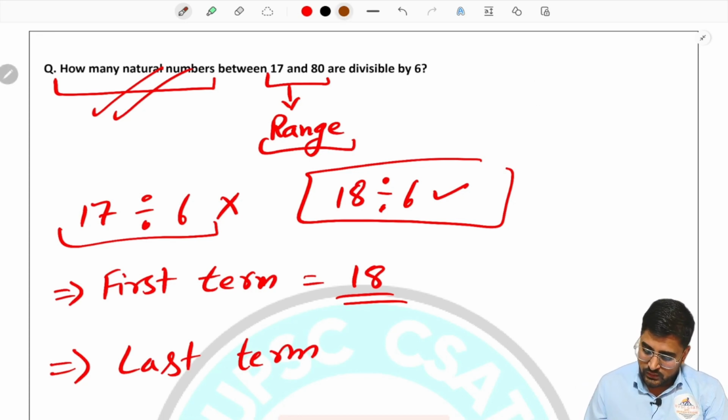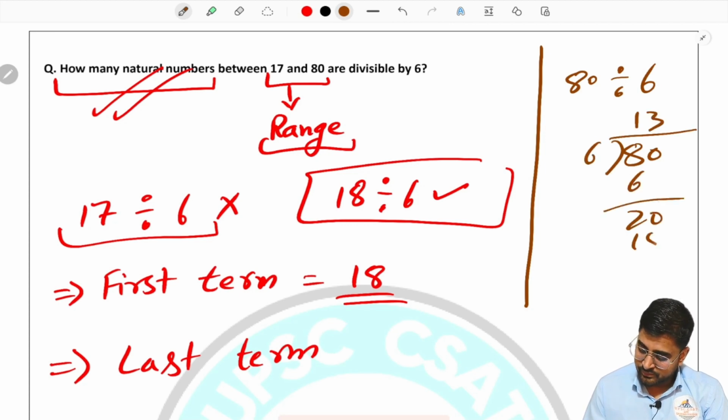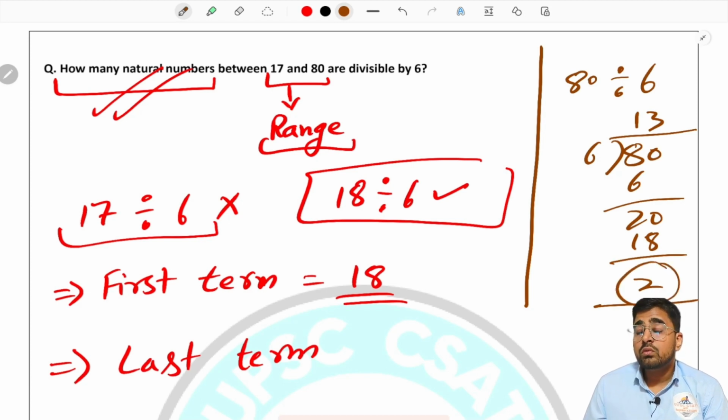Now we also require a last term. Is 80 divisible by 6? Let's check. No, but we have a remainder of 2. If we subtract 2 from 80, then this term is going to be divisible by 6.